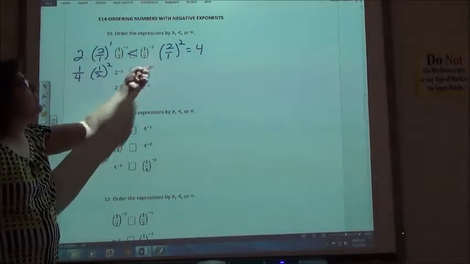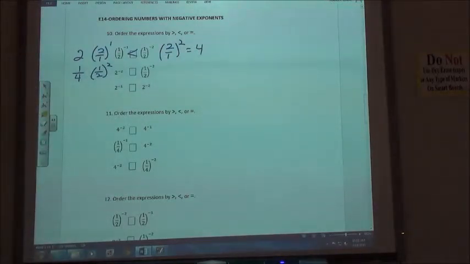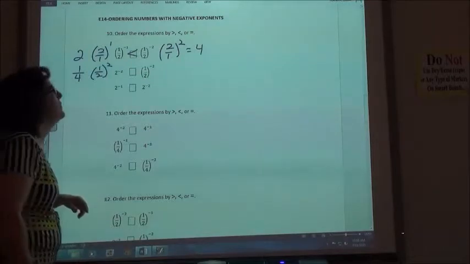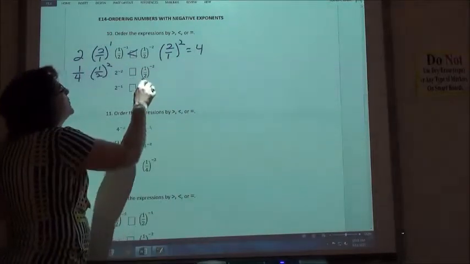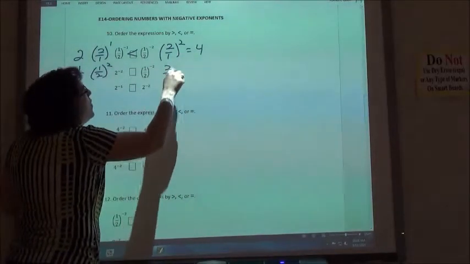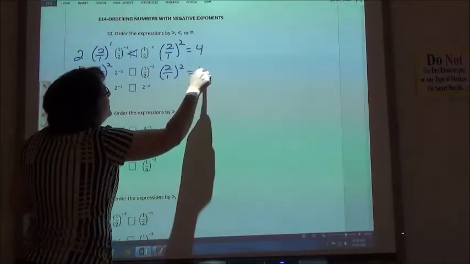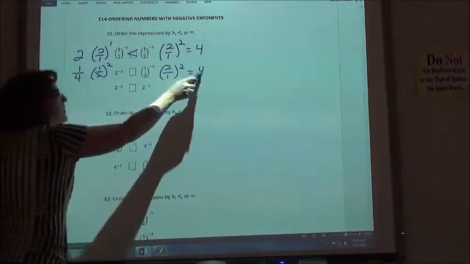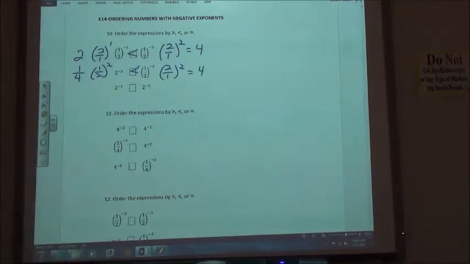If I do 1/2 to the negative 2, it's going to be 2 over 1 squared, like the top one, and I'm going to get 4, and 1/4 is going to be less than 4 then.